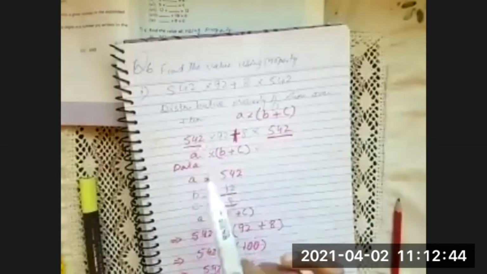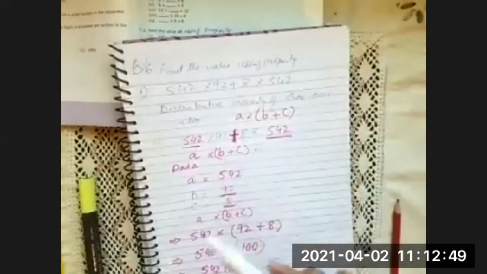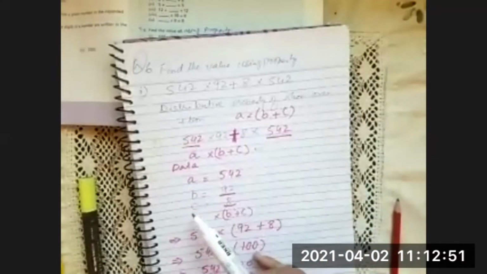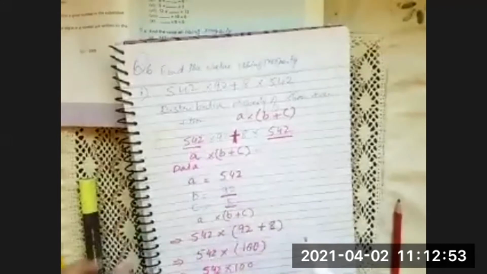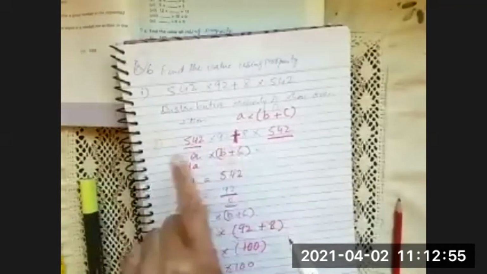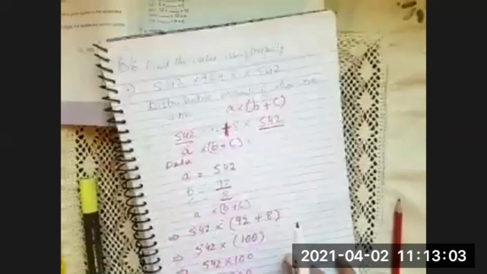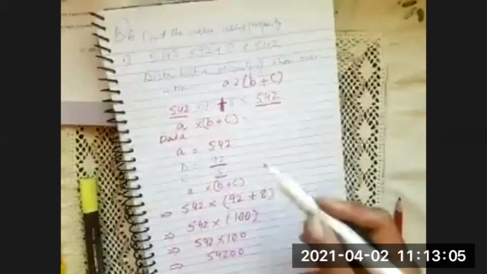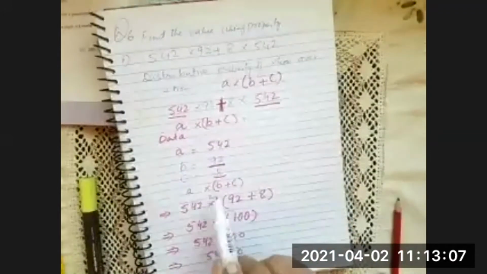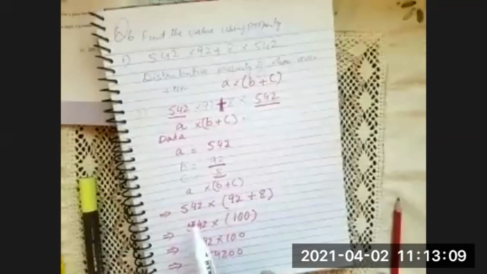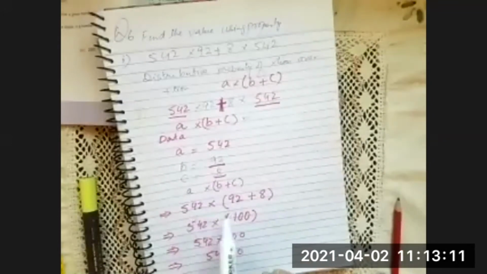So 542 will be our A, B is 92, and 8 is equal to C. So we have got A, B, C, 3 variables in the formula, with values 542, 92, and 8.